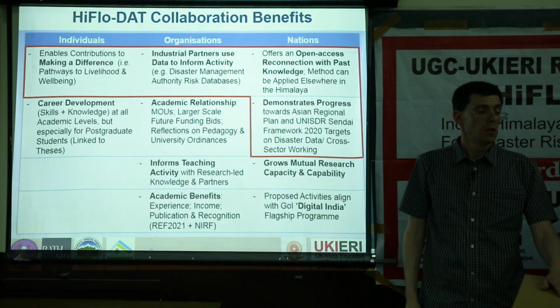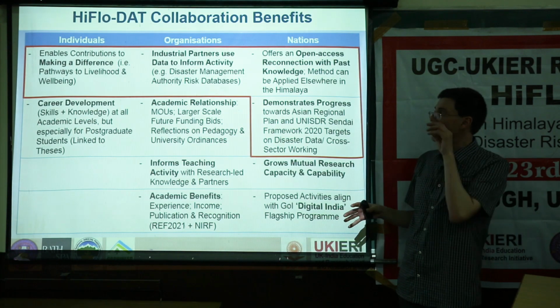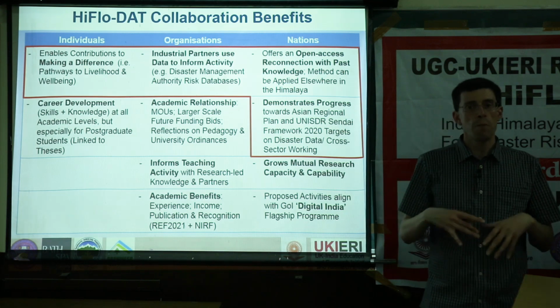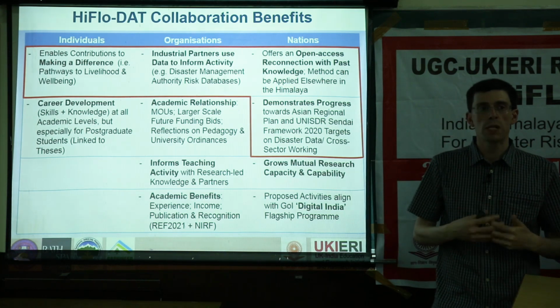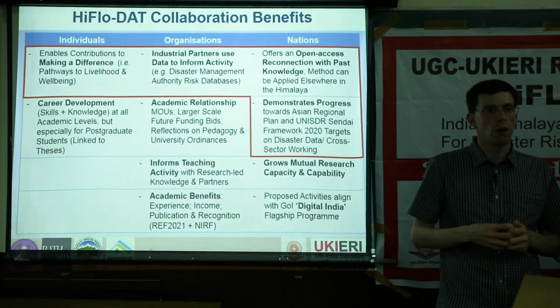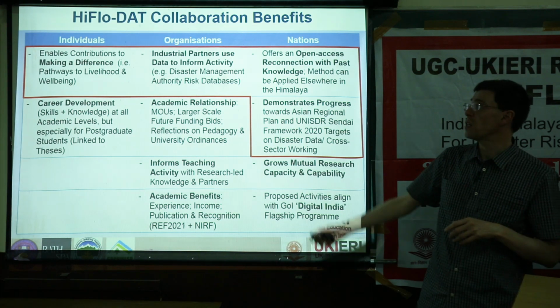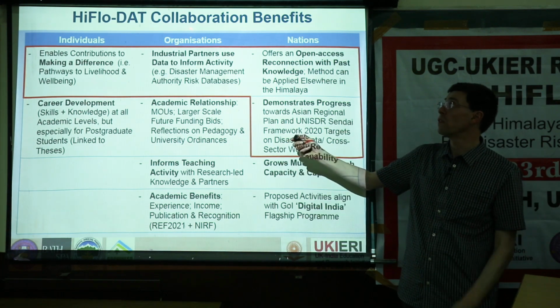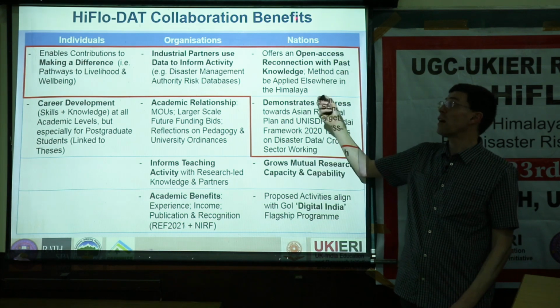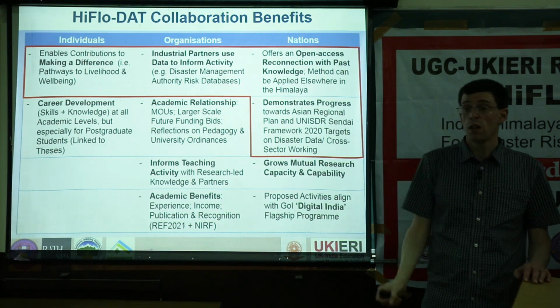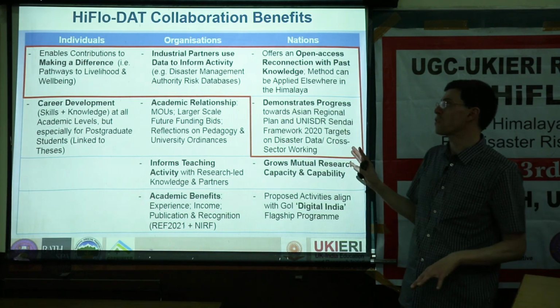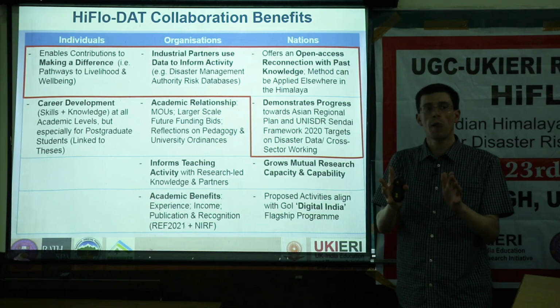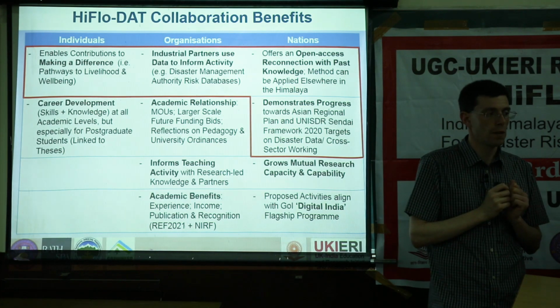Now this table, and we don't need to look at all the detail, breaks down the principal beneficiaries of the research. So as you can see, it benefits individuals, organisations, and indeed entire nations. And those within the red box, there are 4 which I would argue to you are principally important here.